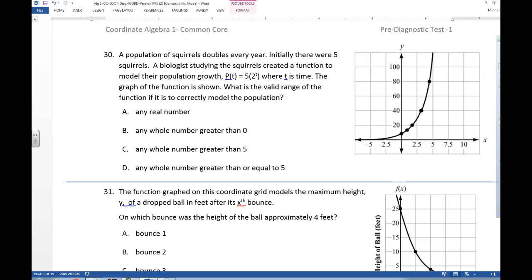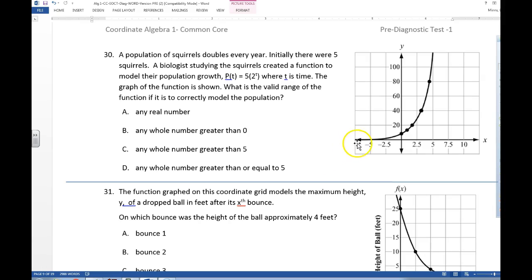A biologist studying the squirrels created a function to model their population growth. P of t equals 5 times 2 to the t, where t is the time. The graph of the function is shown. What is the valid range of the function if it is to correctly model the population?